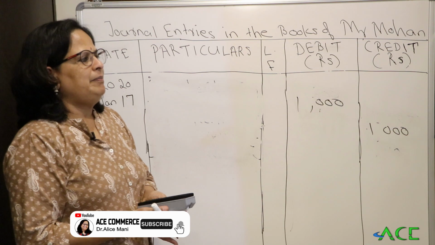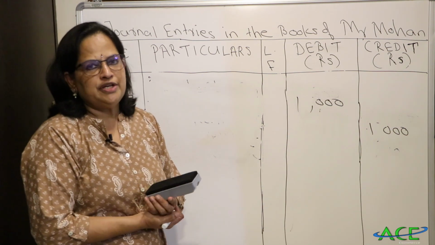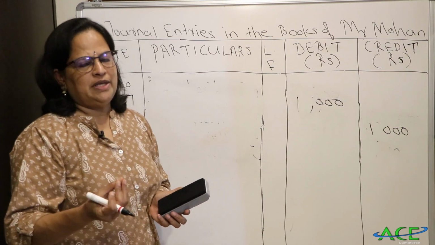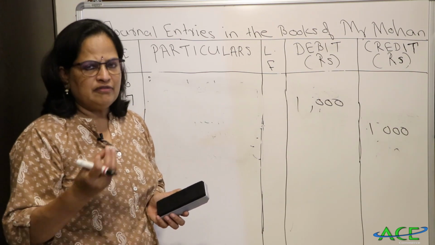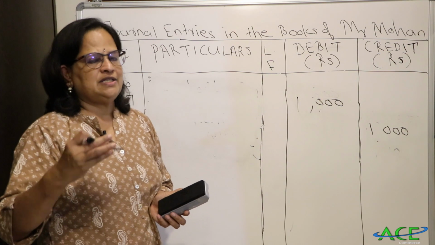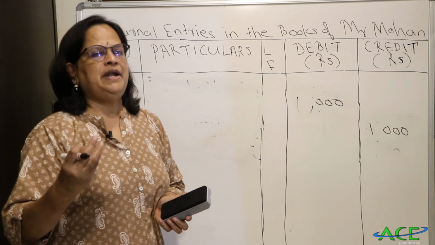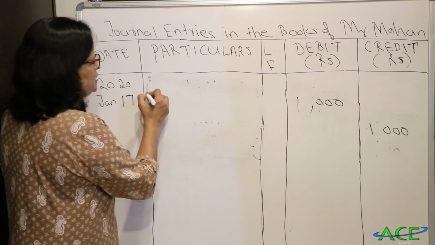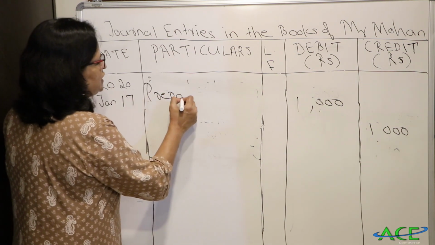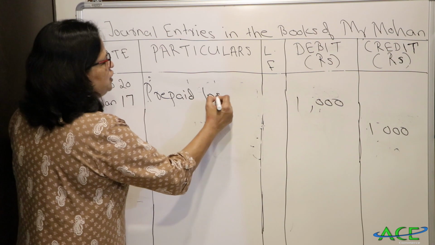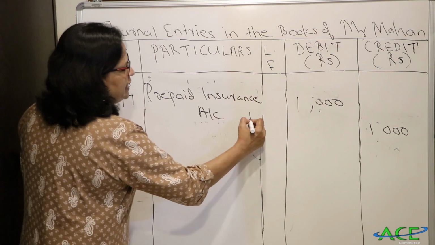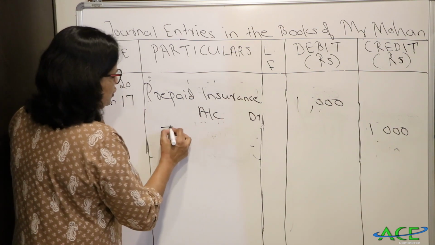So insurance prepaid. Usually with insurance, if you are paying in the middle of the year, they will collect one year. So 6 months will always be prepaid, meaning paid in advance. So you will write the journal entry as prepaid insurance account debtor to insurance account.